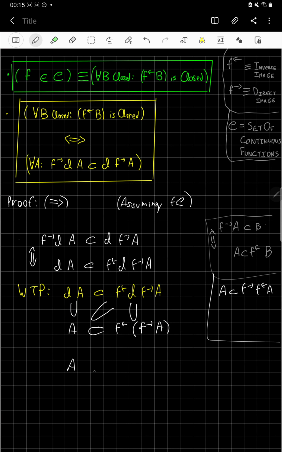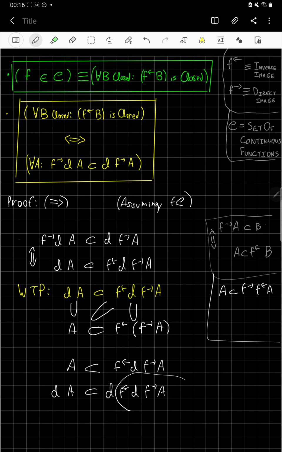That is, what we want is almost this. A is a subset of the inverse image of the closure of the direct image of A. And now we can just apply the closure on both sides because we want to make this into this, right? And we obtain the closure of A is a subset of the closure of the inverse image of the closure of the direct image of A. And this is where continuity comes in.